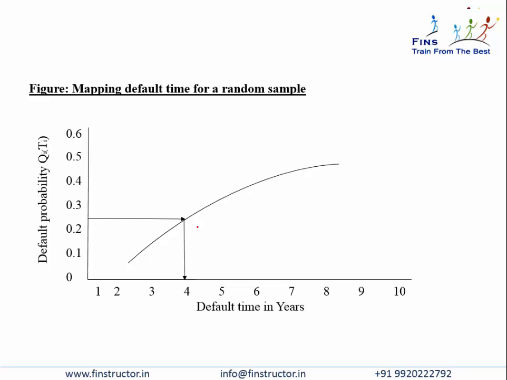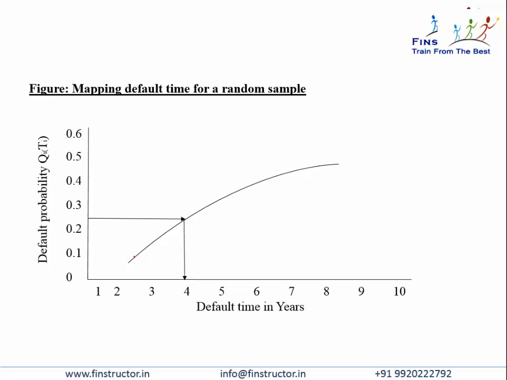Basically this is done by sampling again and again and seeing what the default time is after various samples. In some samples it came out to be 3.5 years, in some samples it came out to be 6 years.